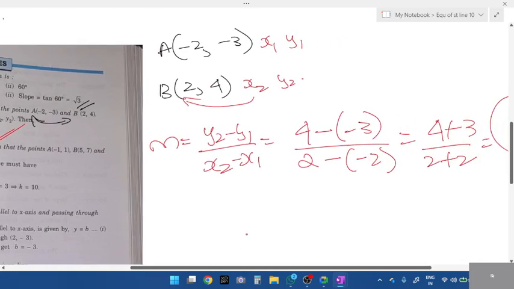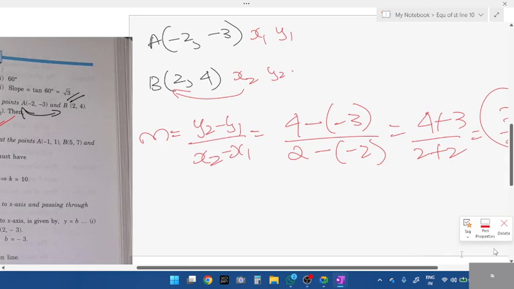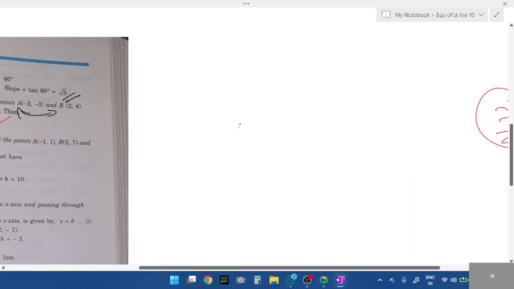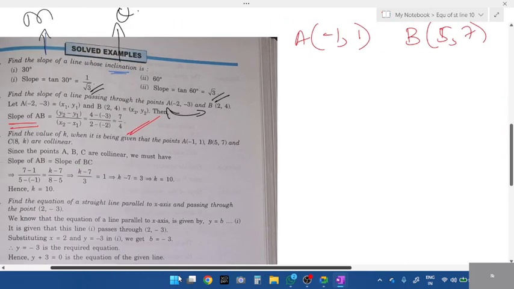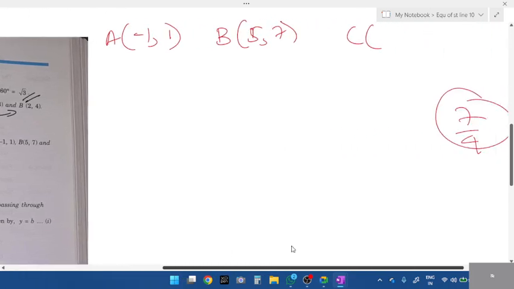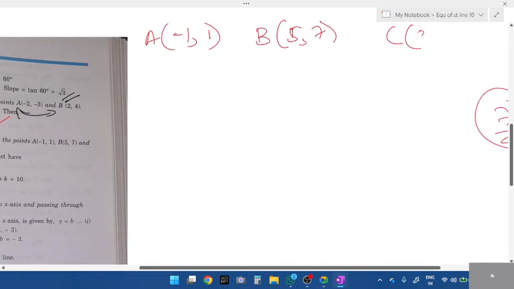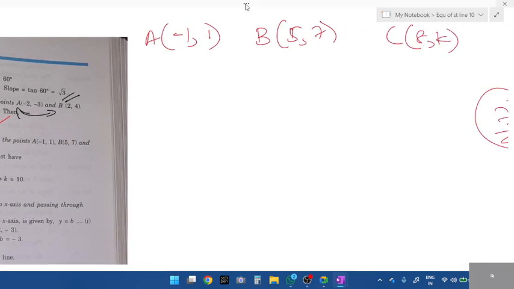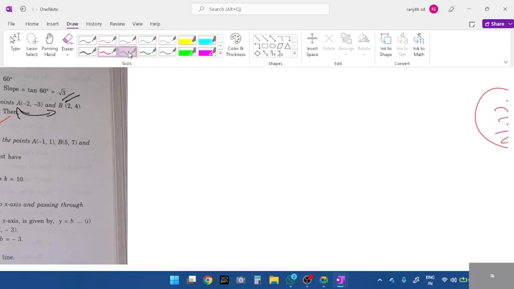Next, collinear. What do you mean by collinear? How many points will be given for collinear? Unmute and respond. Be quick. How many points? 3 points. A, B, and C, students. What is the C value? 8, 8. If it is collinear, what's the formula I gave you? All of you respond. What's the formula, students?